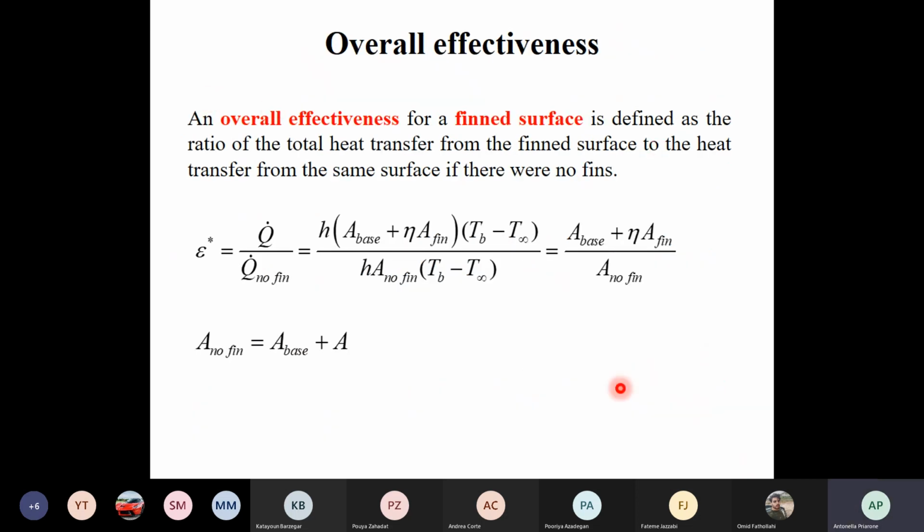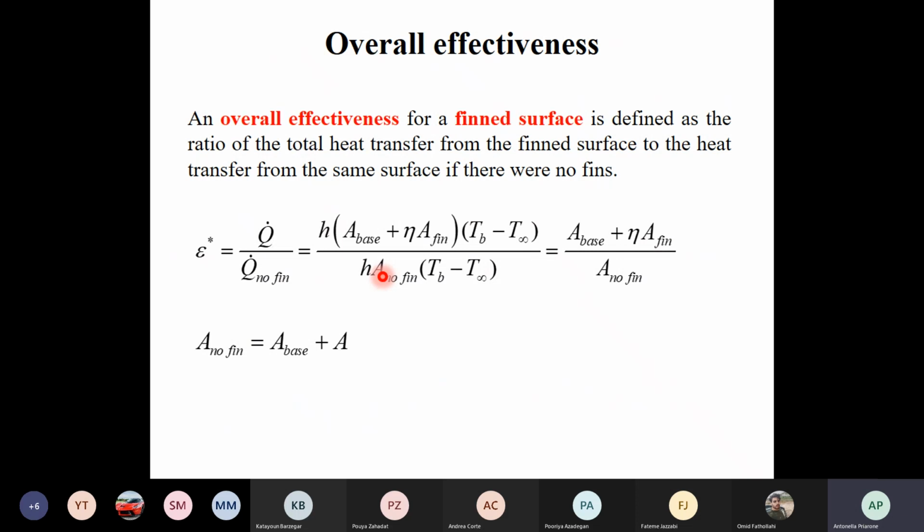Here, as for efficiency, also for effectiveness I can define an effectiveness star, epsilon star, that means the effectiveness for the finite surface, including the base plus the thin area.